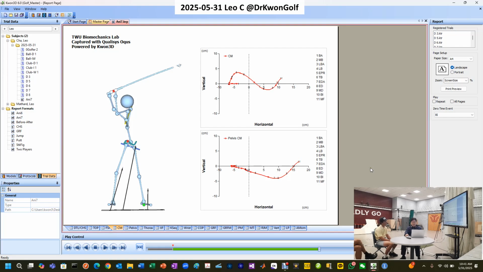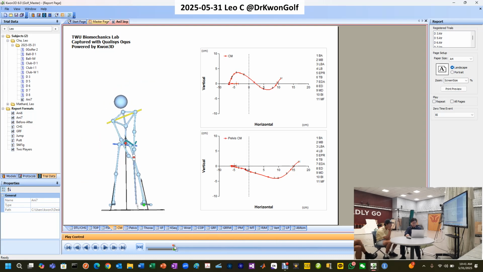And then let's see, center of mass motion here. So in this one, you have a tendency of early shifting toward the target.